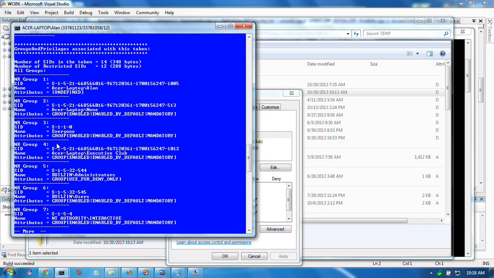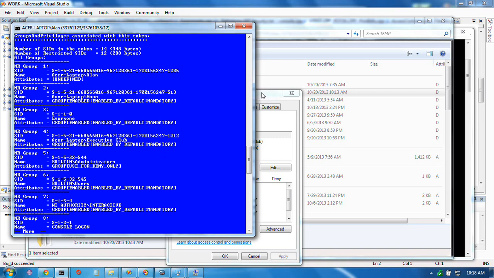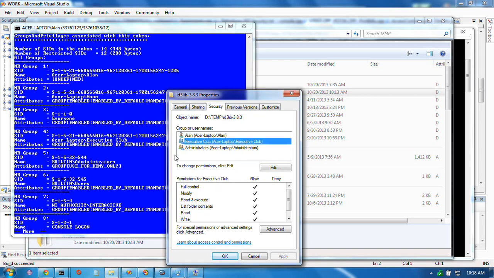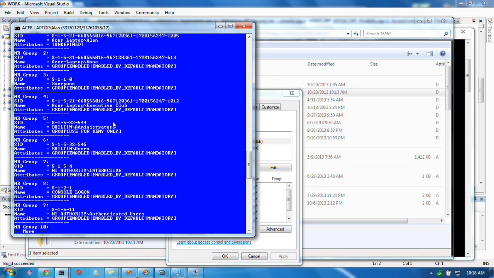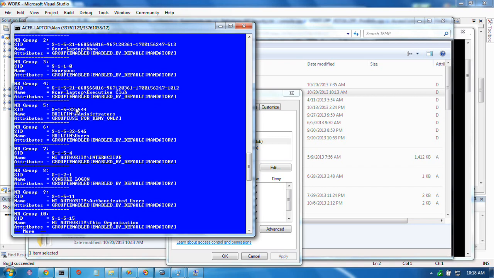There's this stuff. All is the same. Executive Club, full access. Administrators deny, nothing from there. So the non-restricted group says full access due to the Executive Club membership, of which I am a member.